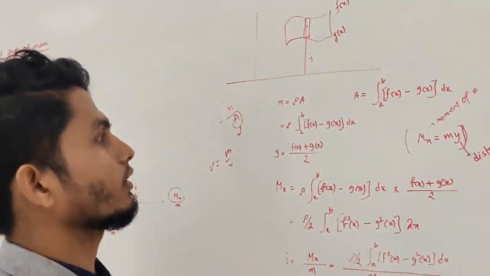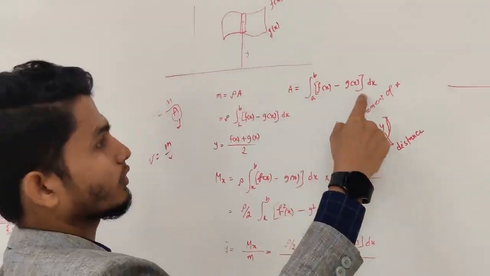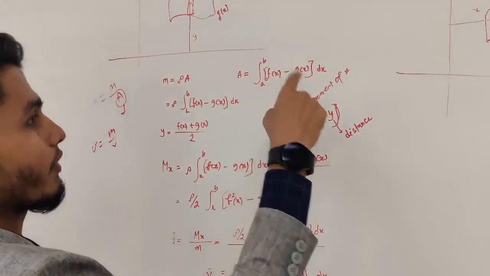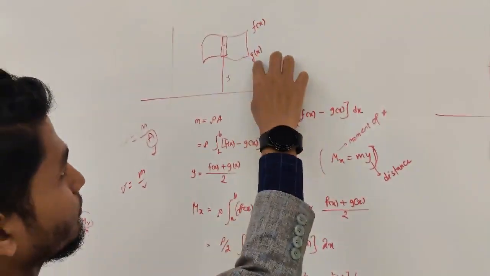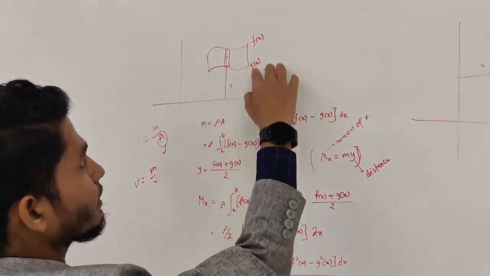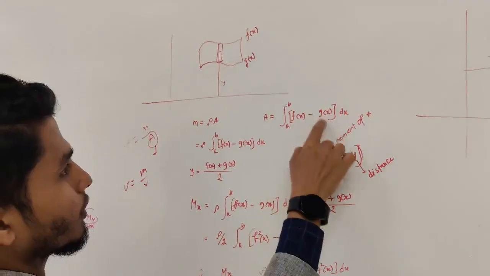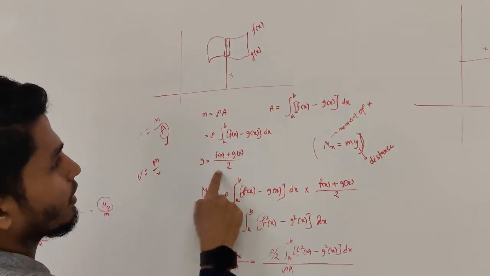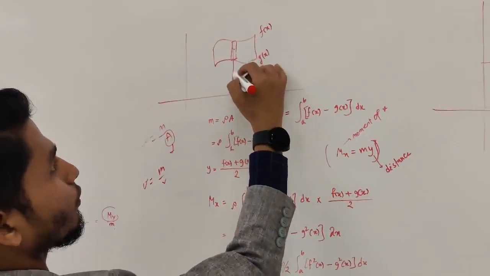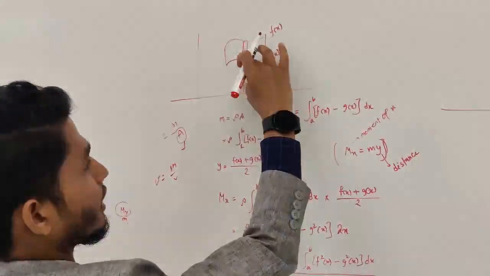The area we also know by finding the area between both functions. This one is the upper side and this one is the lower side, this one is bigger and this one is smaller, so we can find the integration for this area. Using this area, we can also find the y value by taking the average.